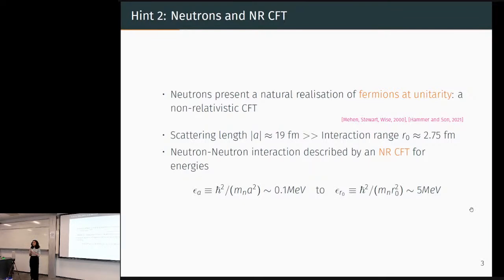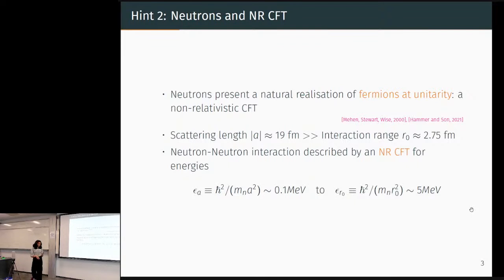Fermions at unitarity is a non-relativistic model of spin half fermions with point-like interaction, such that their interaction can be fine-tuned to give you infinite scattering length. It turns out that there is no scale in this problem, and it is a non-relativistic CFT. So neutrons in a certain energy regime, which is given by the scattering length and interaction range, can be modeled well using this non-relativistic CFT.